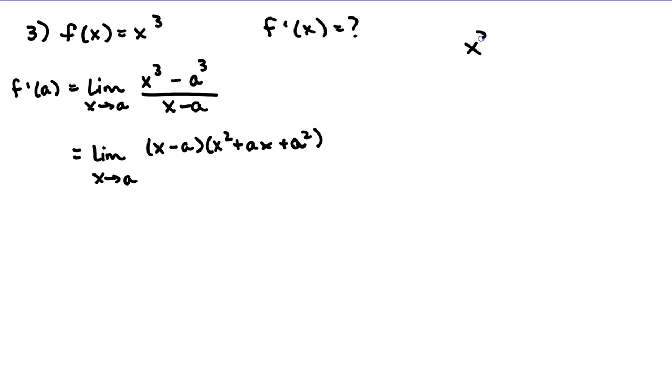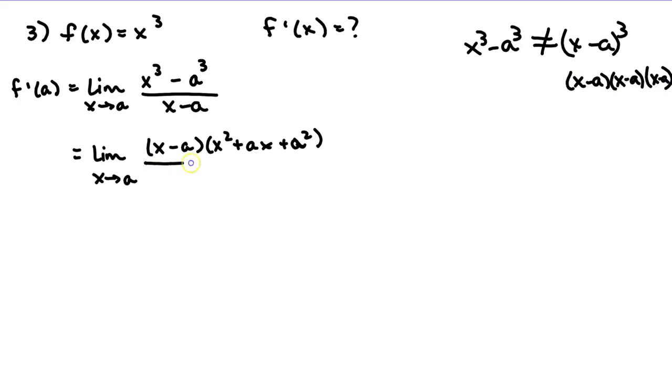Please note that x cubed minus a cubed is not equal to x minus a quantity cubed, because x minus a quantity cubed is x minus a times x minus a times x minus a. So if you do all that, you're going to have a whole bunch more stuff like this. Okay, that's over x minus a, so we can cancel the x minus a's.